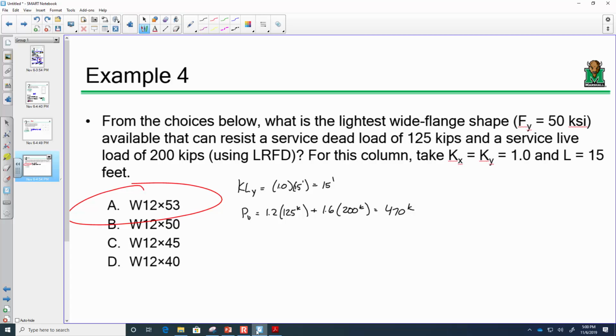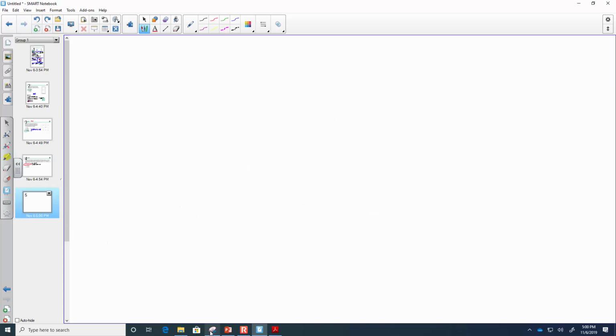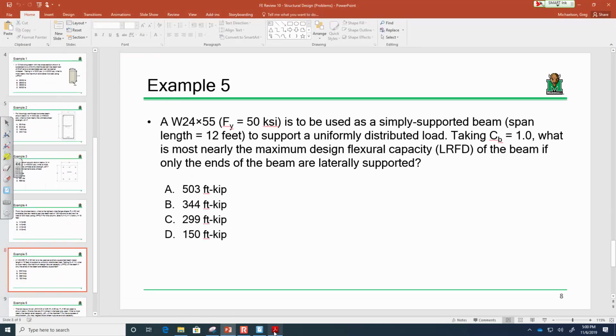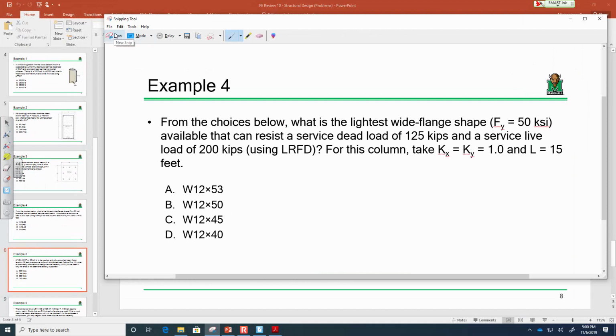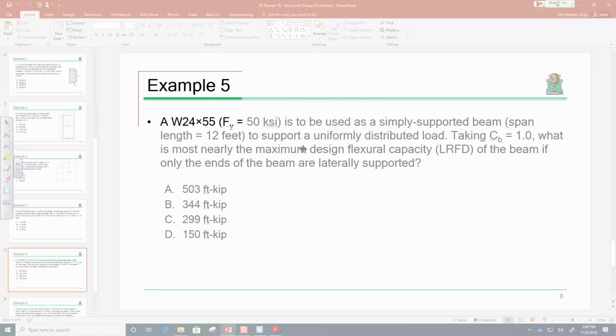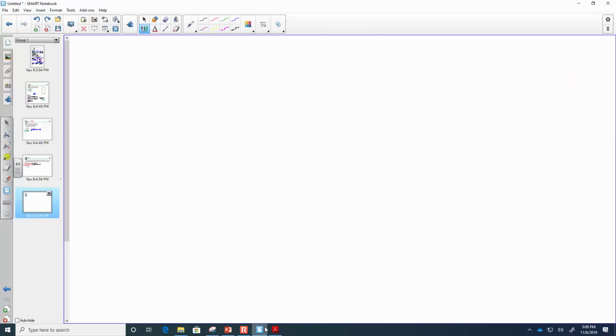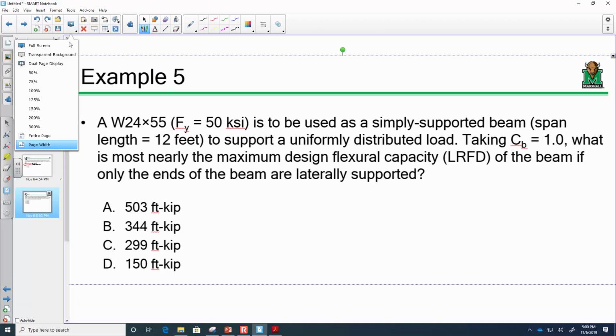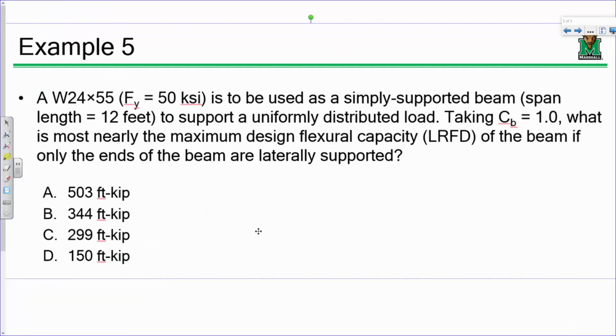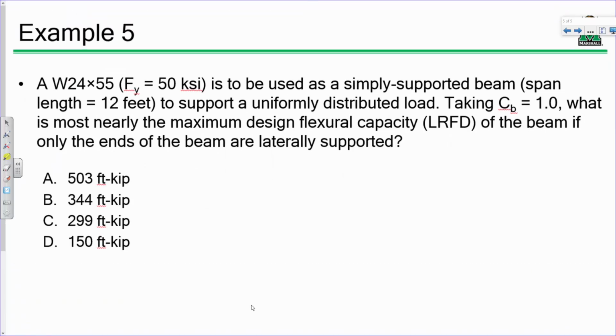Yes, sir. For that last problem, whenever we solved for the total load, PU was 470.